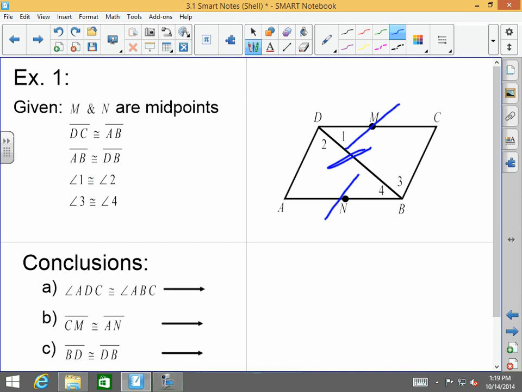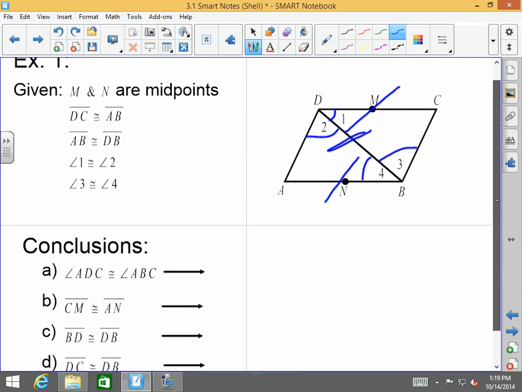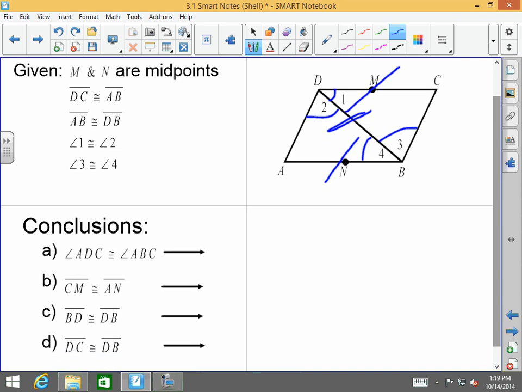And then I tell you that angle 1 is congruent to angle 2, and that angle 3 is congruent to angle 4. I want to see some conclusions from this. How can you conclude that ADC is congruent to ABC? Anybody?